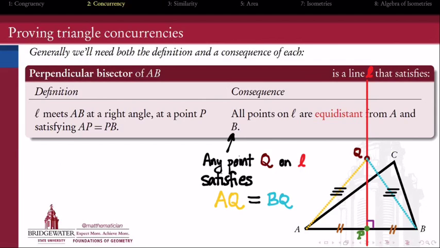So the perpendicular bisector of AB consists exactly of all those points in the plane which are equidistant from A and from B. That's an alternative characterization that we're going to end up needing to use rather than just the definition of perpendicular bisector when it comes time to proving concurrency.